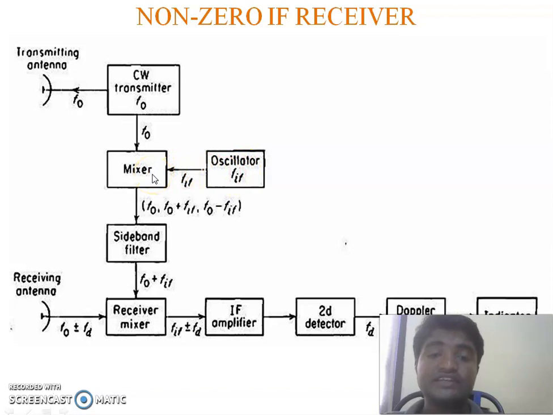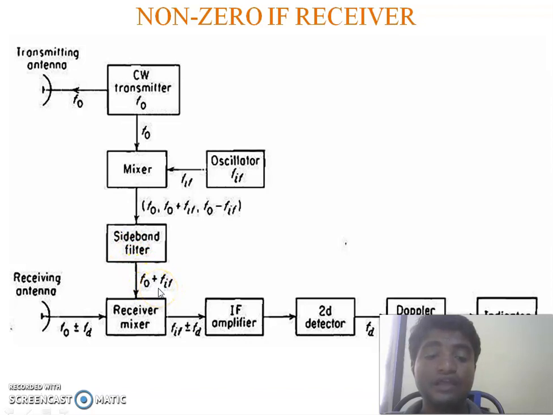The mixer will generate the original frequencies, the sum of frequencies and the difference of frequencies, that means f0, f0 plus FIF, f0 minus FIF, and many other frequencies. Only one frequency is selected by using a sideband filter, that is f0 plus FIF.